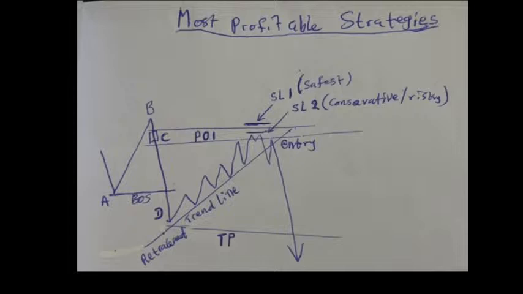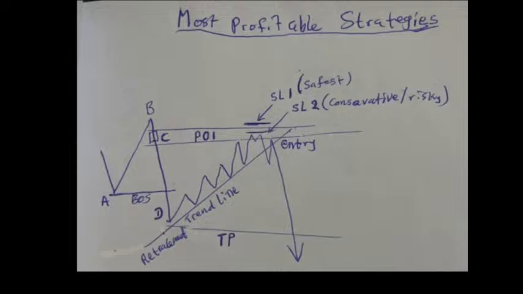Now, it might interest you to know that most times when price gets to your point of interest, it might wipe liquidity, like it might liquidate that level. It might just be a liquidation point. All right, and sometimes you might even be wrong in what you selected.